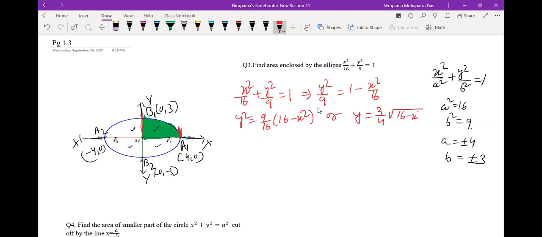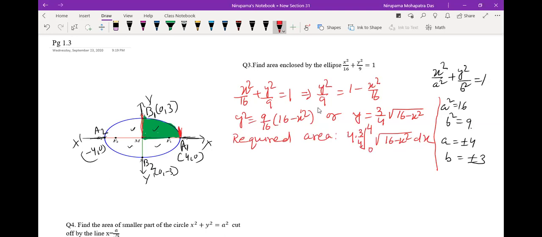So this is in the form of a square minus x square. Now the required area is 4 times the integral from 0 to 4, with 3 by 4 taken outside, of under root 16 minus x square dx.